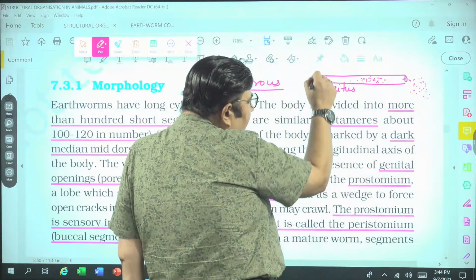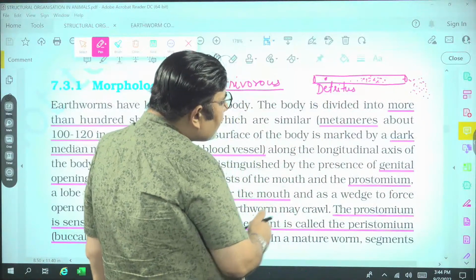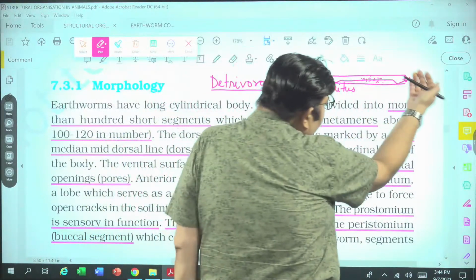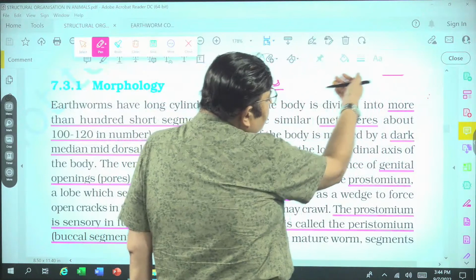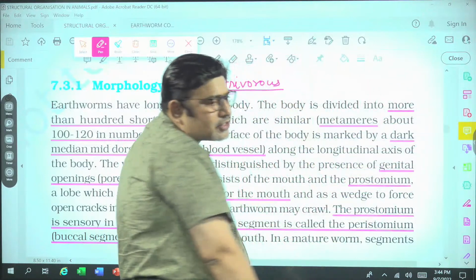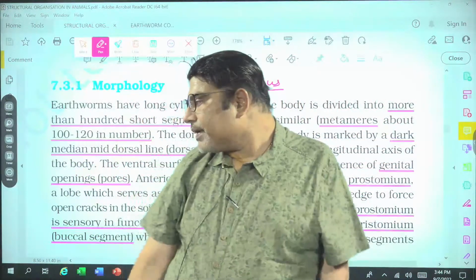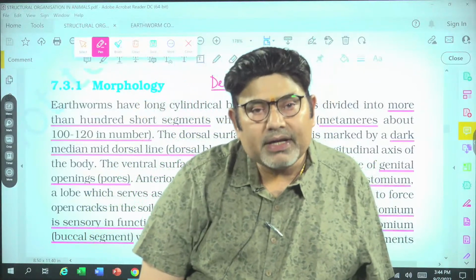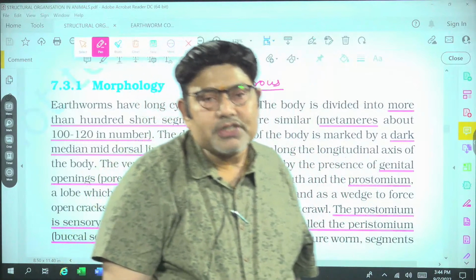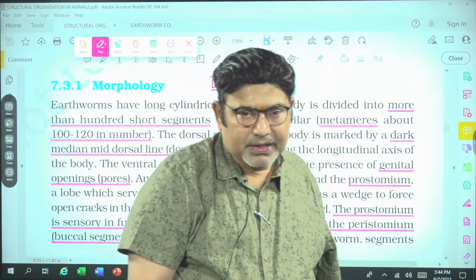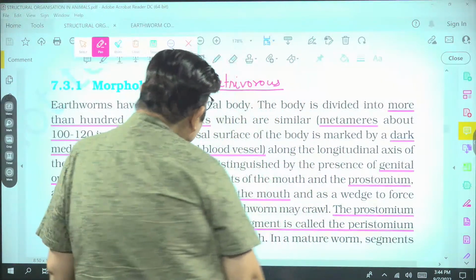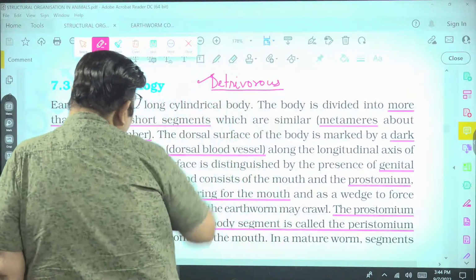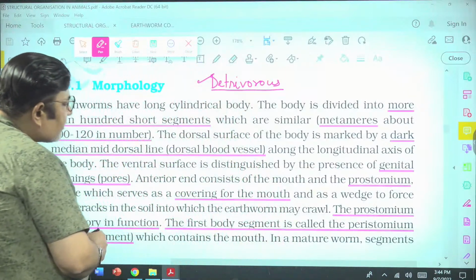This helps in a very important step of decomposition, called fragmentation. Earthworms are detritivores.